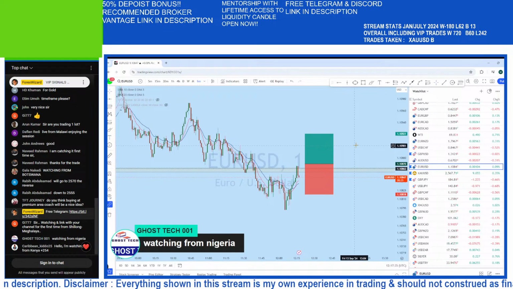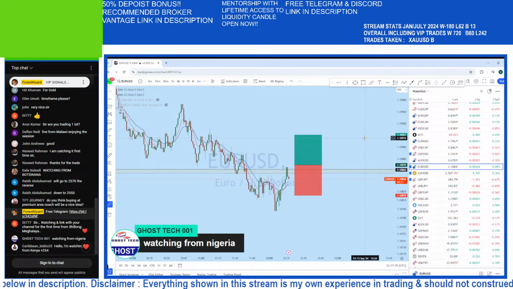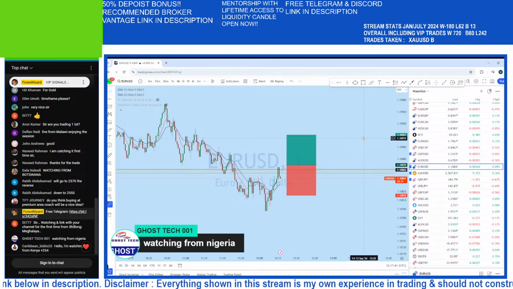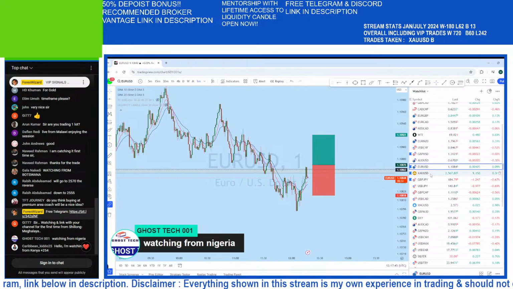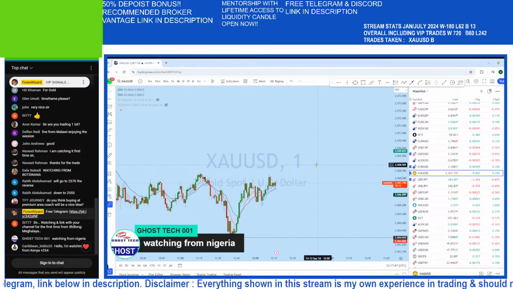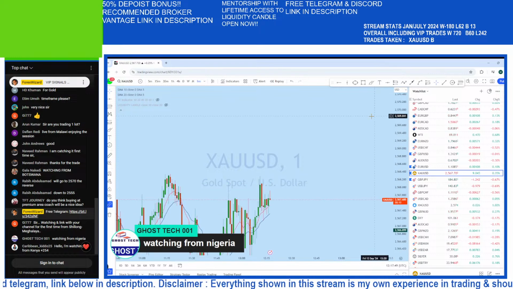So you can see that on euro dollar there is a resistance line. I would be looking to see gold again.